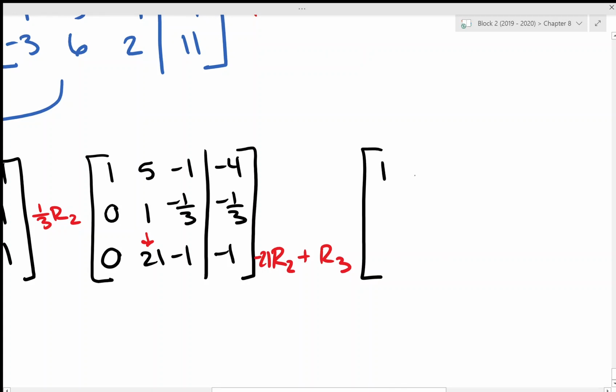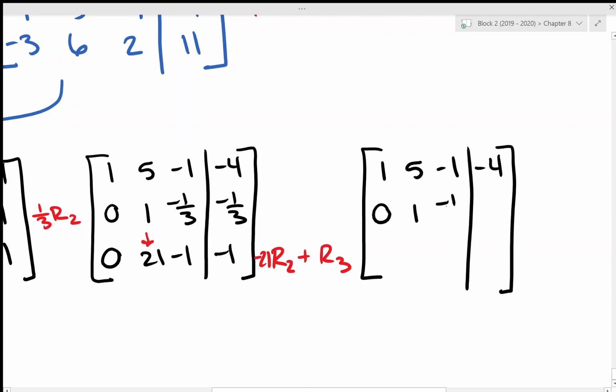So it's 1, 5, negative 1, line, negative 4. 0, 1, negative a third, negative a third. And then I'll get 0, obviously. Negative 21 plus 21 is 0. Negative 21 times negative a third, it's actually positive 7. Plus negative 1 is 6.